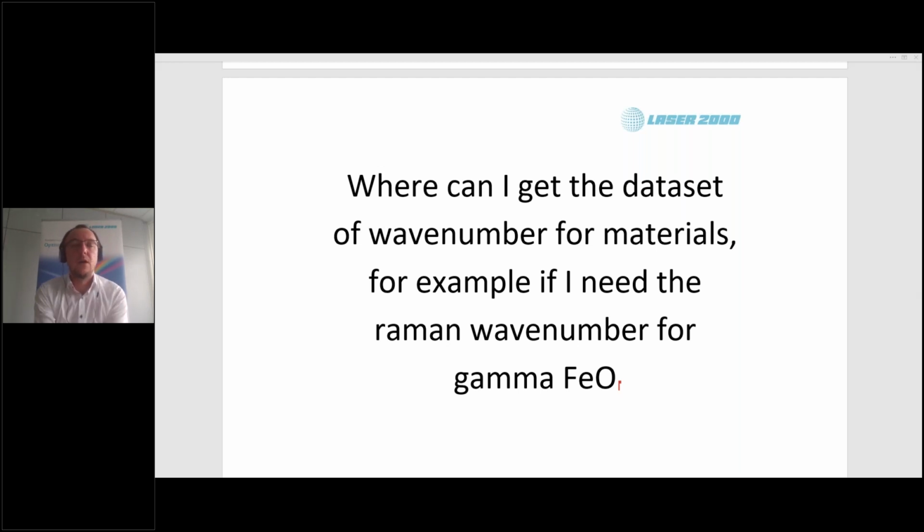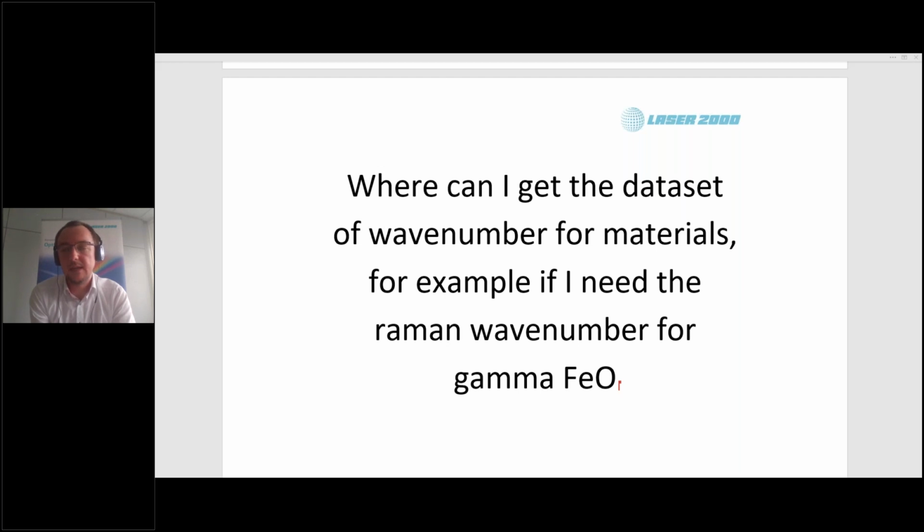Okay, where can I get the data set of wave numbers for materials? For example, if I need the Raman wave number for gamma iron oxide. There are some databases, some are free, some are open access, some are commercial, especially for something like minerals.